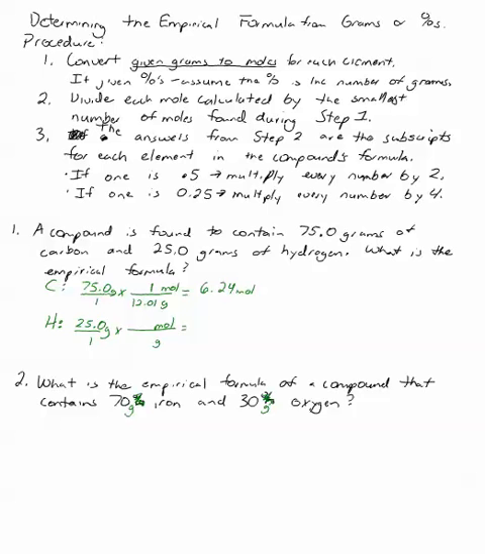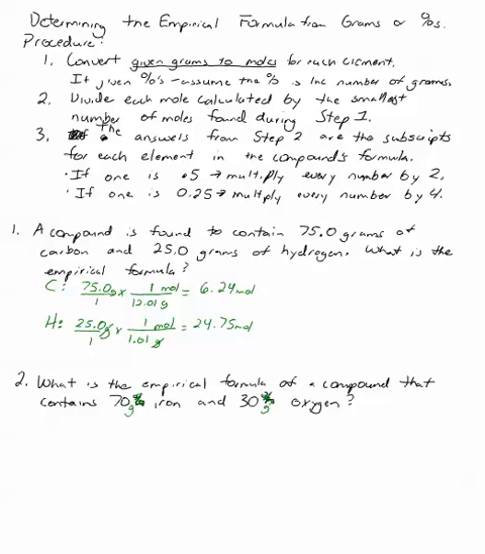Hydrogen weighs 1.01 grams per 1 mole, again found on the periodic table. So grams will cancel out, and I'll be left with my moles. That gives me 24.75 moles of hydrogen. That's step one, convert grams to moles.